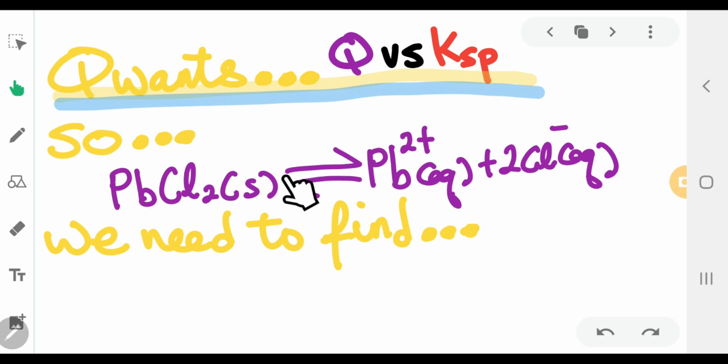The equation right here is for the slightly soluble salts. Remember, you need to make sure it is balanced. Right here, you have the balanced equation for the slightly soluble salts. So the Q expression should be looking like this.